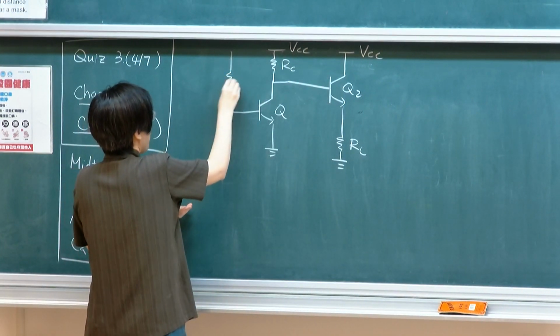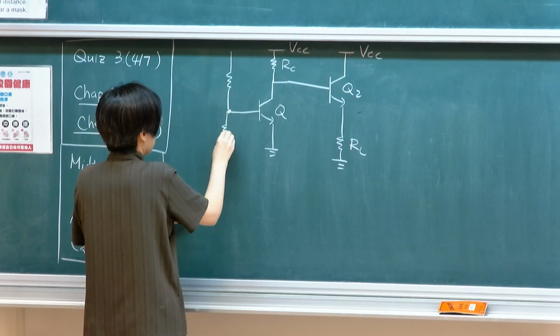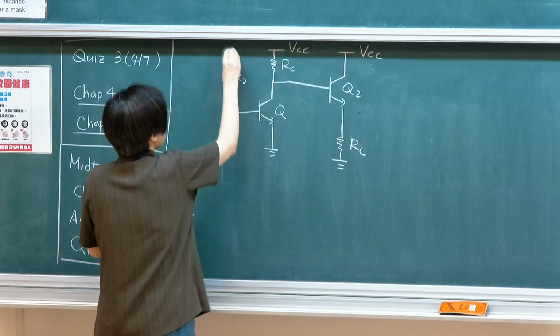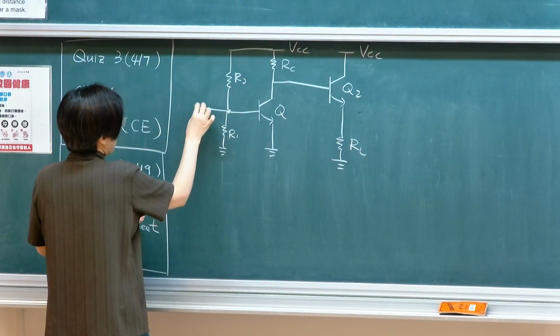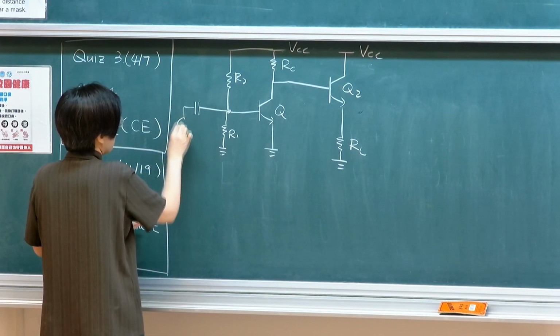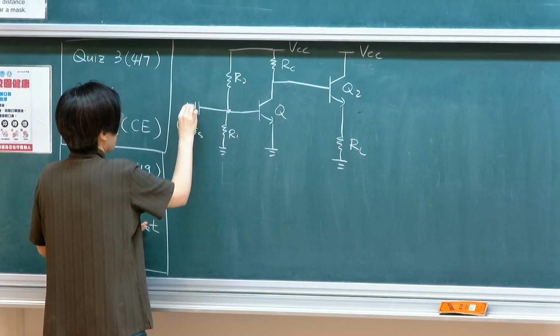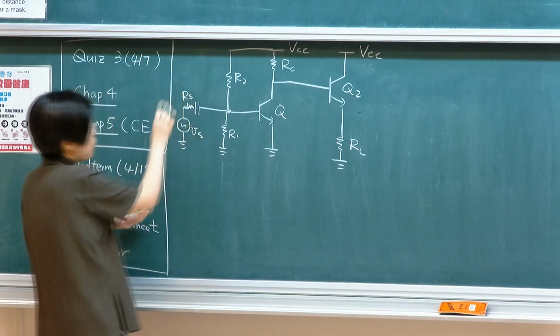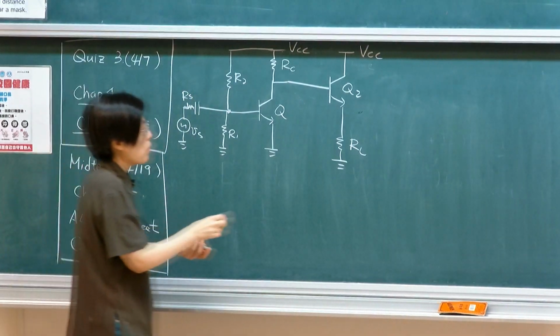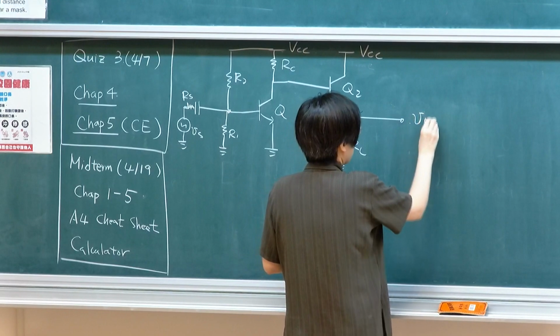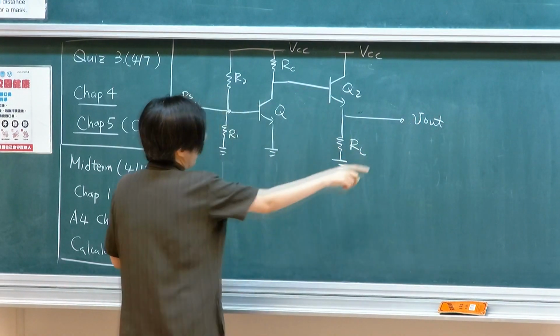And then I have my biasing circuit, for example. And then I might have my sources. So this is my sources. There might be other source resistance. For example, if this is your circuit, how does one approach this type of analysis, the input and output relationship?